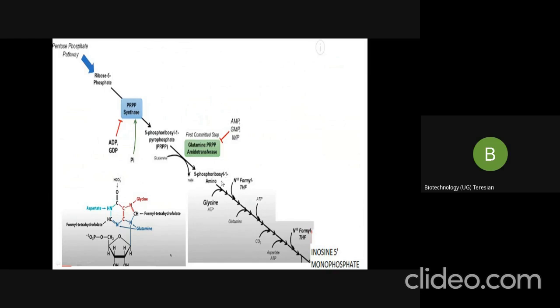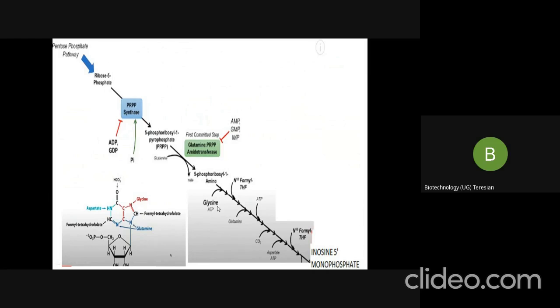So finally 5-phosphoribosyl 1-amine is being produced, and then you see a series of reactions, 10 to 14 steps, to finally form inosine 5-monophosphate, your starting material. This is the structure of inosine 5-monophosphate, also called IMP. What does it require?